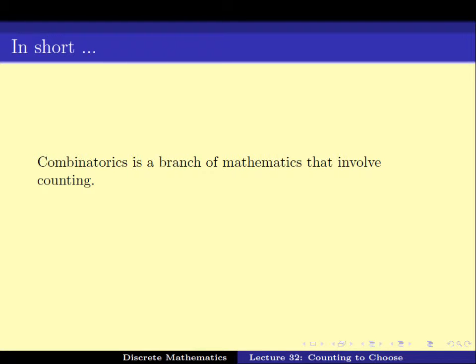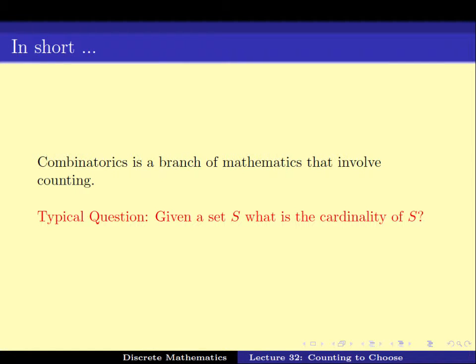In short, combinatorics is a branch of subjects that involves counting. In fact, that is what we will be doing for most of our time in combinatorics. We will not have time to delve into the other aspects of combinatorics, but we will be talking about counting.